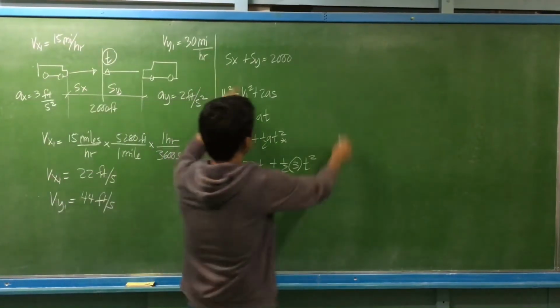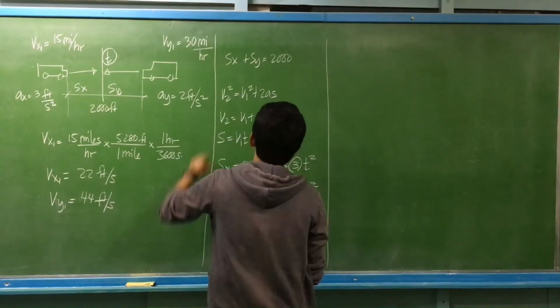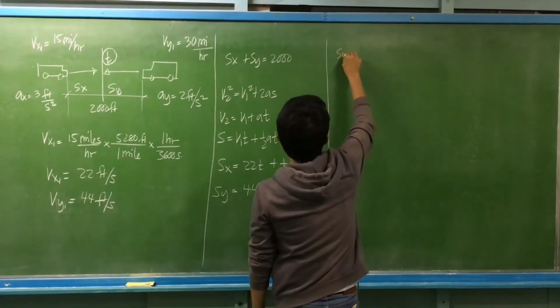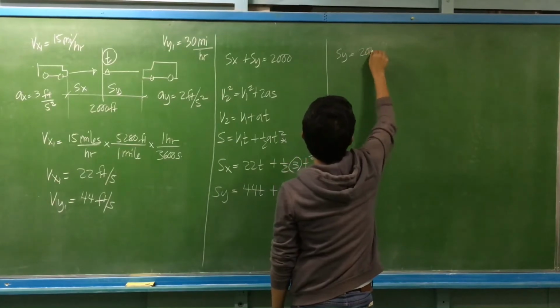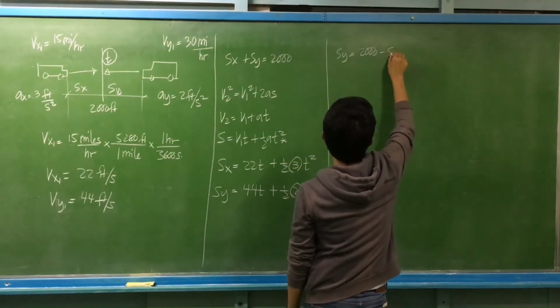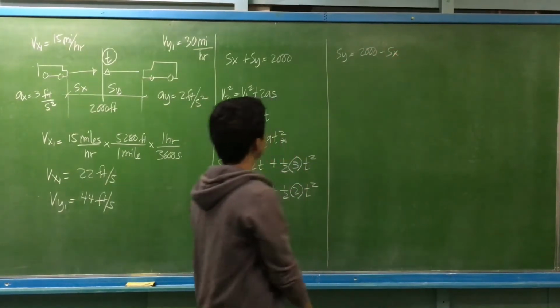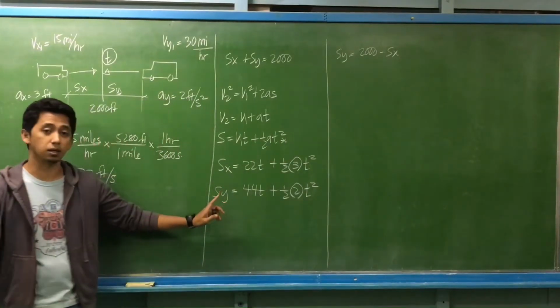So from this equation, we may express that distance y is equal to 2,000 minus distance x. What is the equivalent of sy?